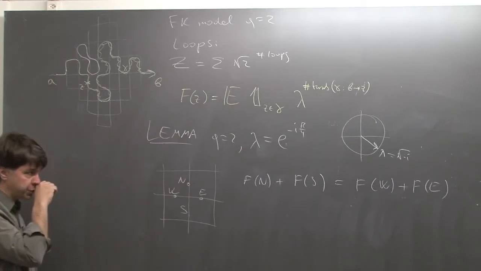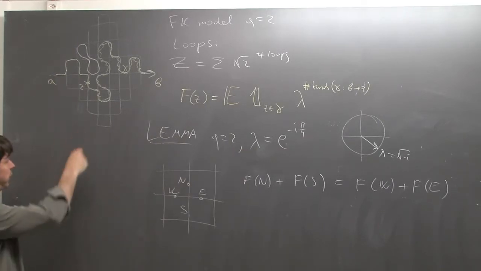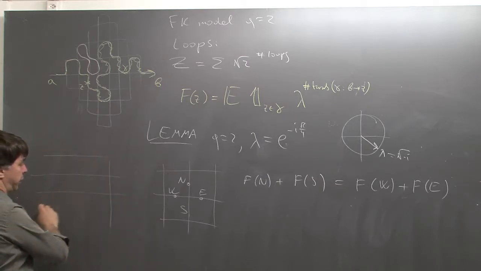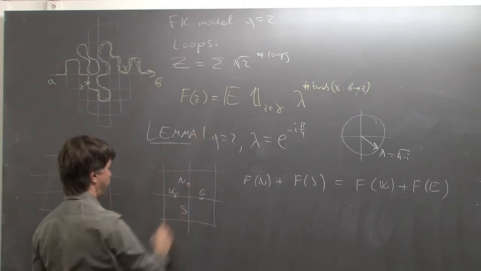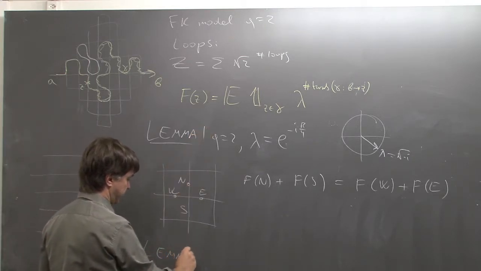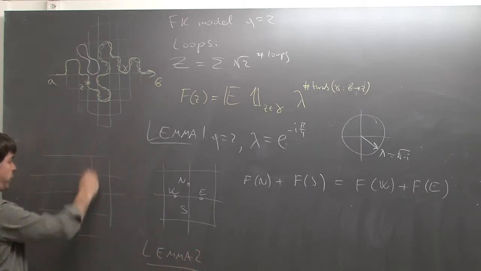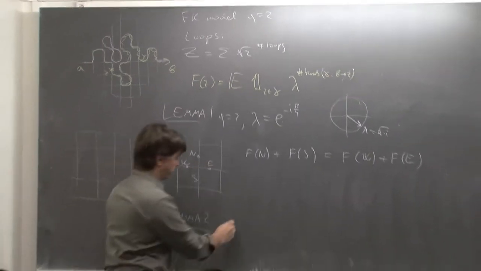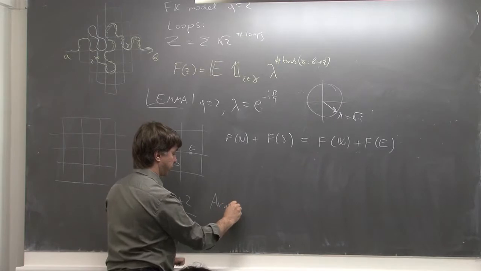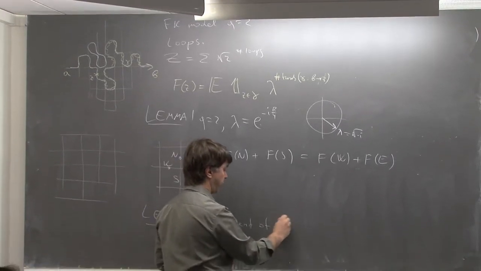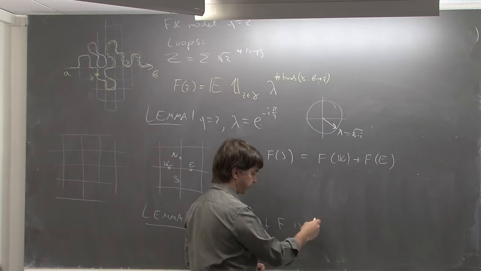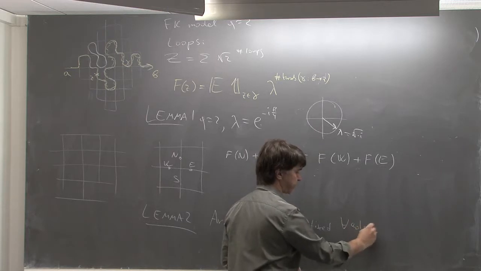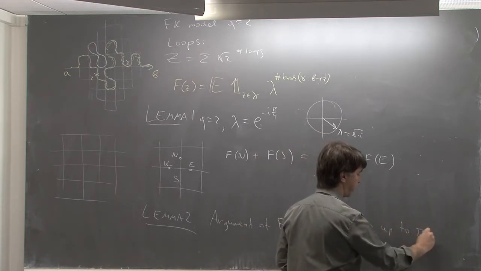And moreover, this actually gives more information. That was lemma 1, and lemma 2, or just an observation we made, is that the argument of f is fixed on every edge up to pi k.